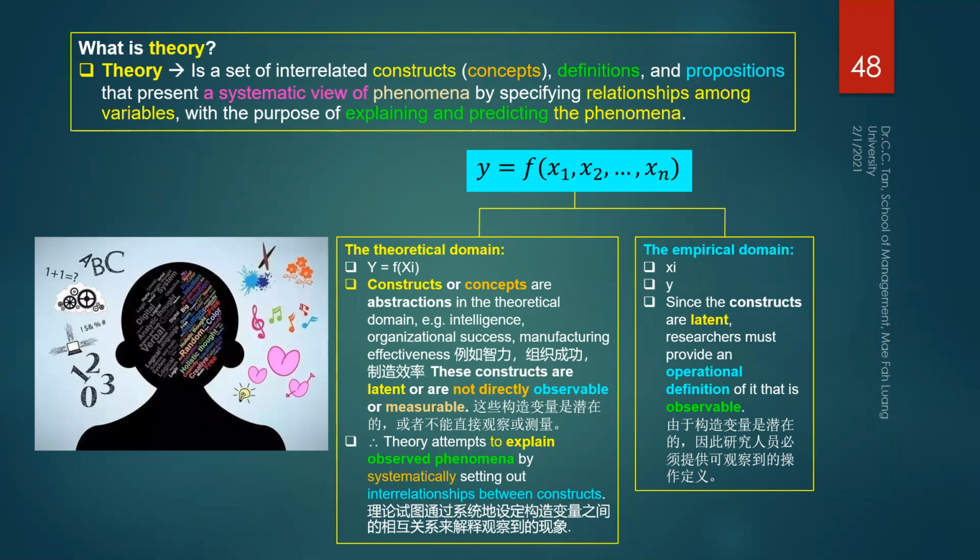So a theory is mathematically nothing but a set of independent variables, or a set of strategies: the strategies on the supply side, the strategies on the customer value proposition, the strategies on market segmentation or positioning.